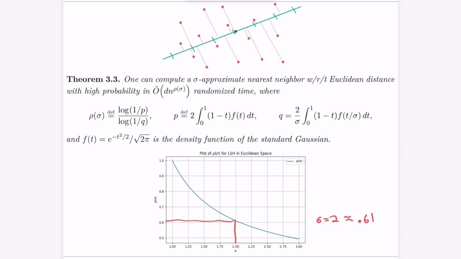But what does that mean? You're spending n to the 0.61 time for a 2 approximation Euclidean LSH. In particular, you're spending much less than n. And anything all the way down, if you want to get a 1 plus epsilon, it'll be close to n to the 1, but it'll be n to the 0.9 something.